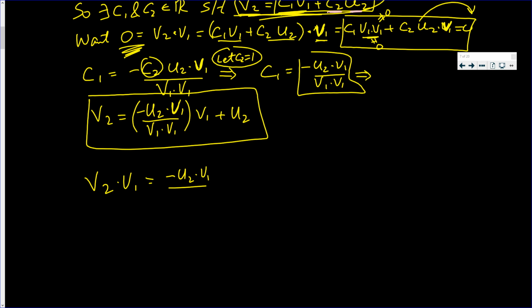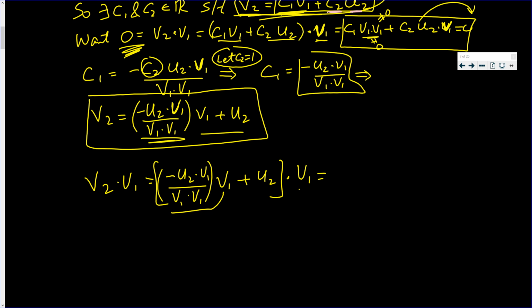I dot this with V1, and what I get is the scalar, which happens to be a ratio of dot products, times V1 dotted with V1, plus U2 dotted with V1.